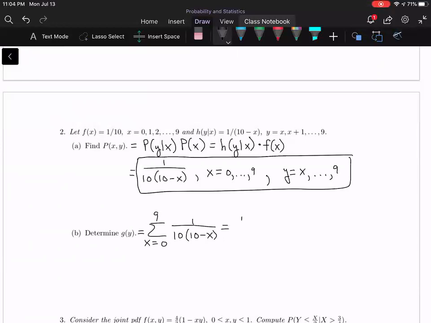So I'm going to pull a 1/10 out just to make it a little cleaner, which means I'm going to evaluate 1 over 10 minus x as x goes from 0 to 9.